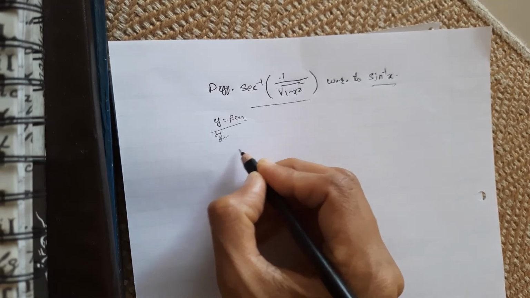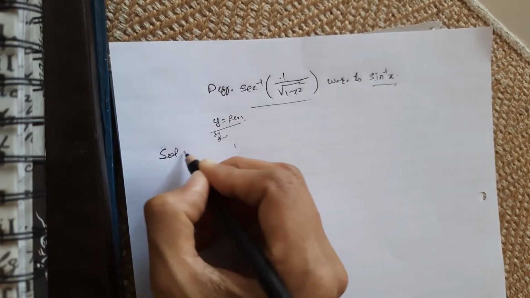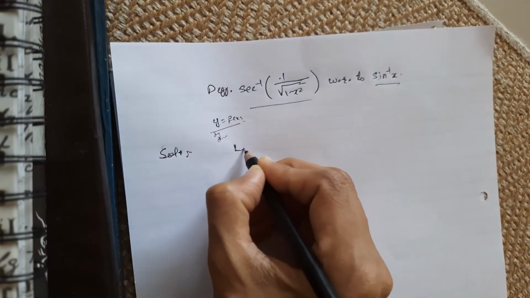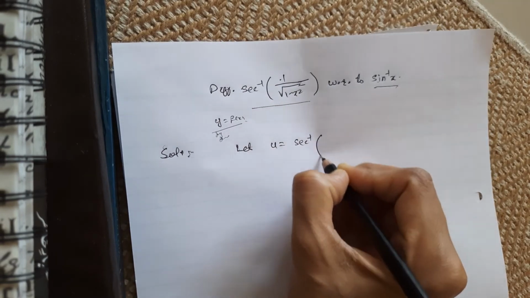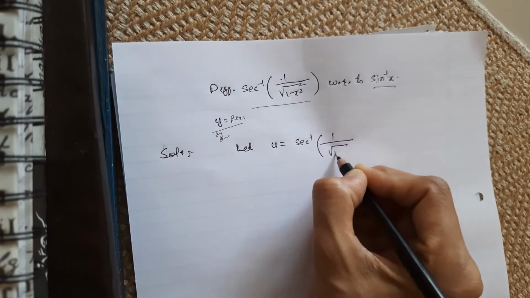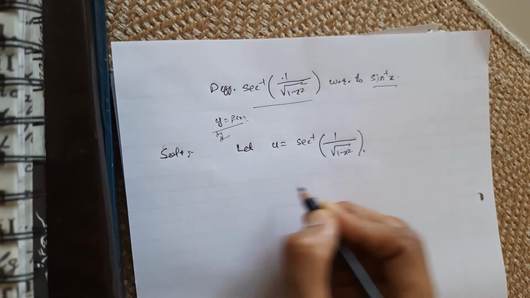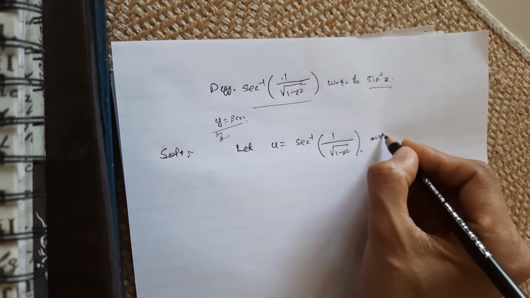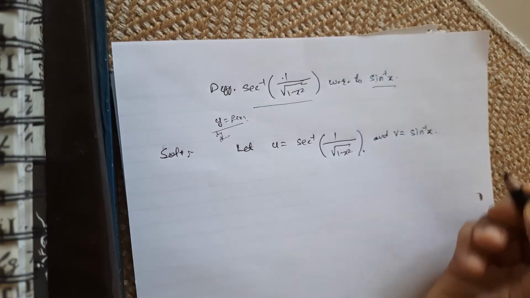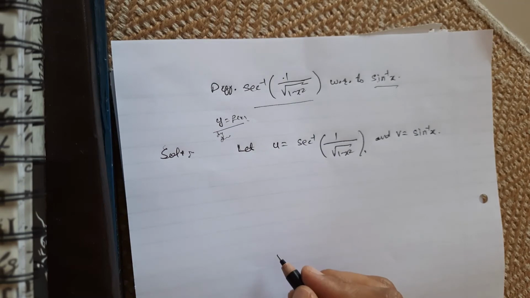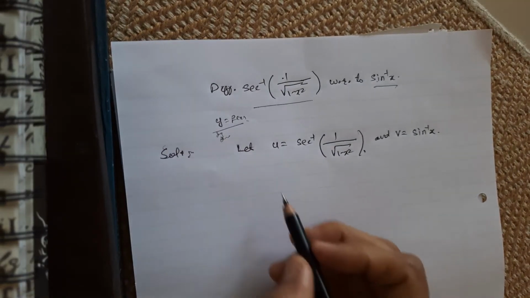So in the solution, I am writing here, let u equal to sec inverse of 1 upon root 1 minus x square and v equal to sine inverse of x. Now once we have considered this, what is asked?